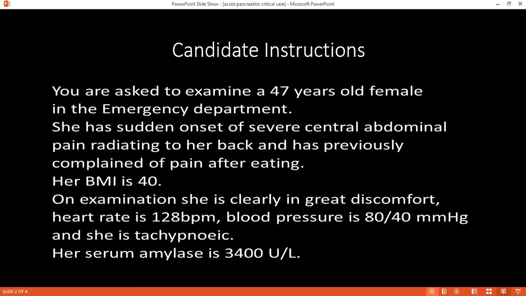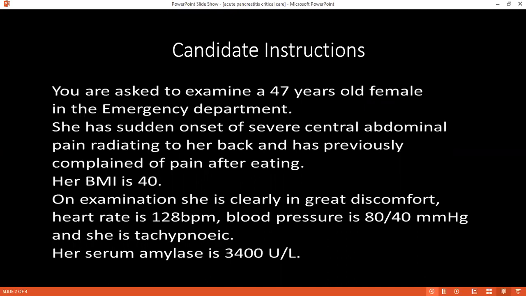Okay, ma'am. On admission, if age is more than 55, if WBC count is more than 16, if the glucose level is more than 11 millimole per liter, AST more than 250 international units, and LDH more than 350. These 5 criteria.